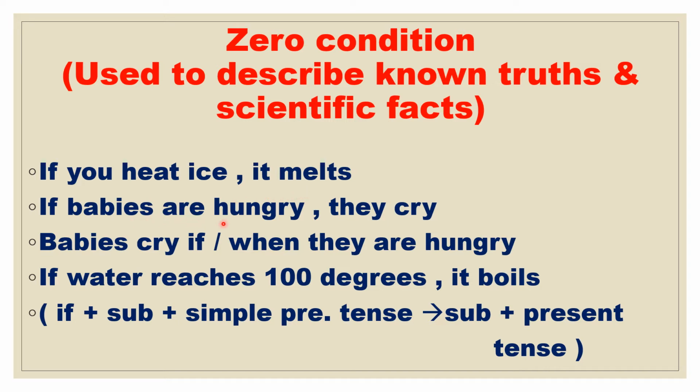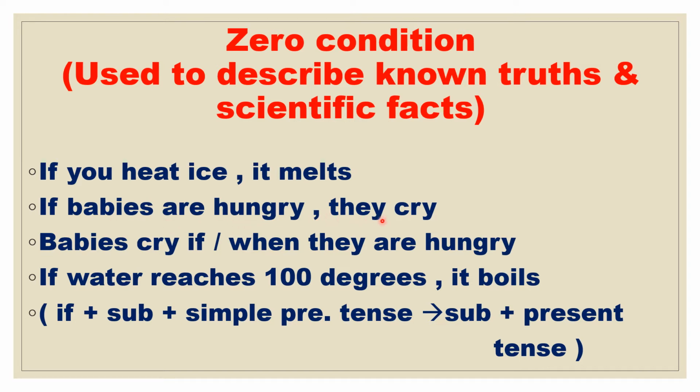If babies are hungry, they cry. If babies are hungry is the if clause and they cry is the main clause. See the structure of this sentence. If plus subject plus simple present tense.